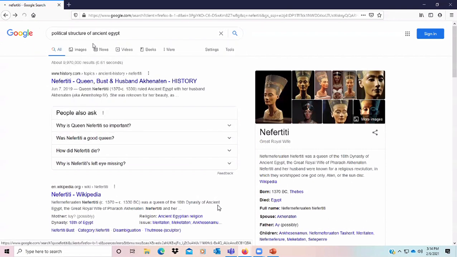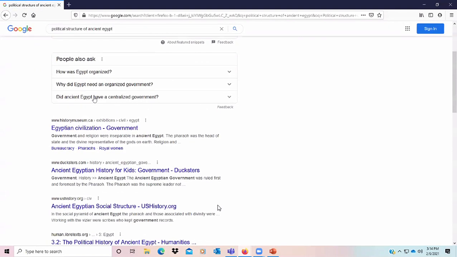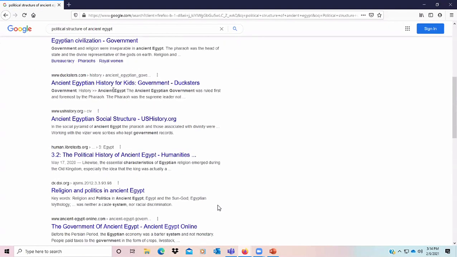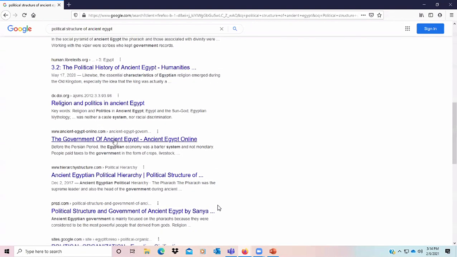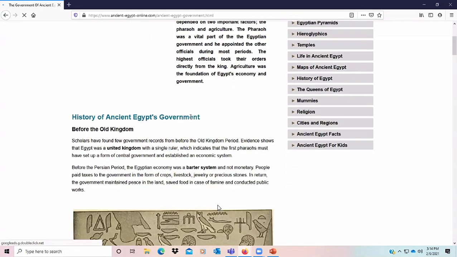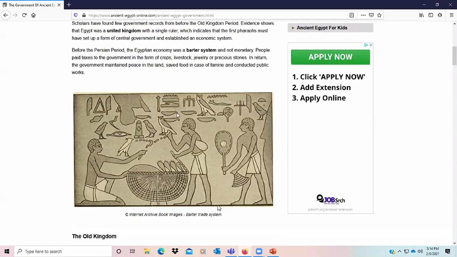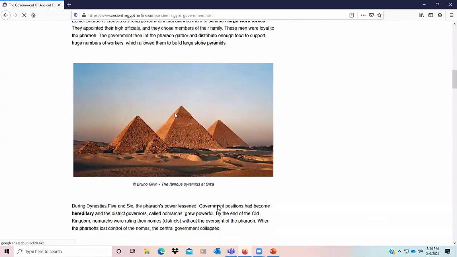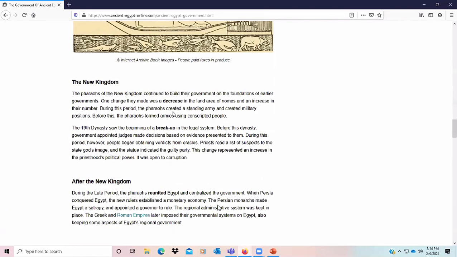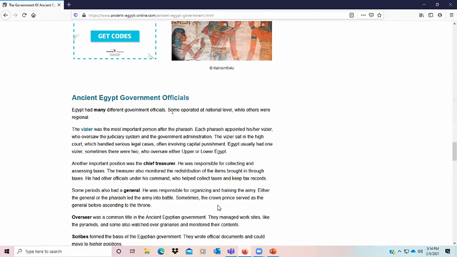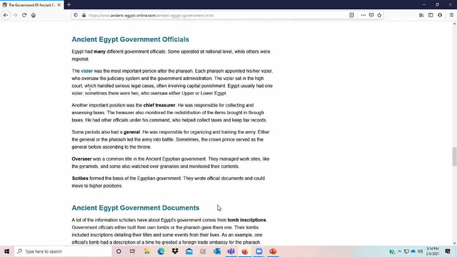The political structure of ancient Egypt. And if you come here, they'll give you some ideas of the political structure. They'll tell you who the government officials are.